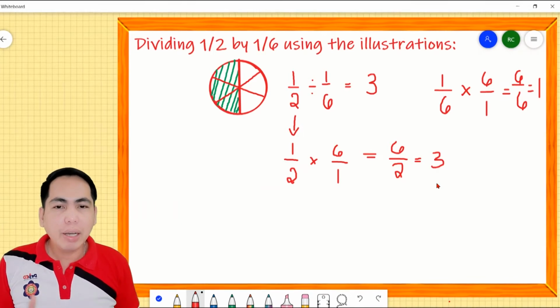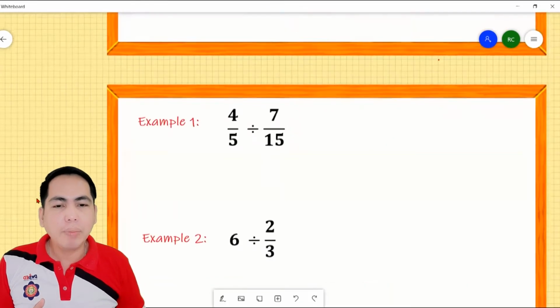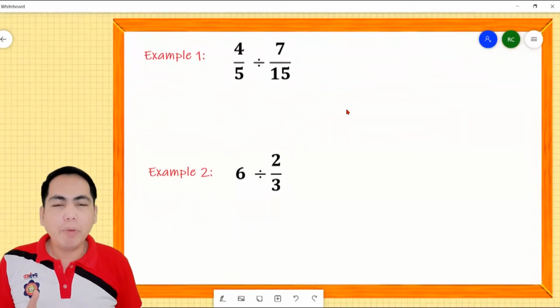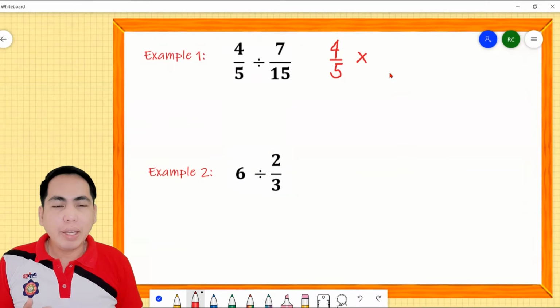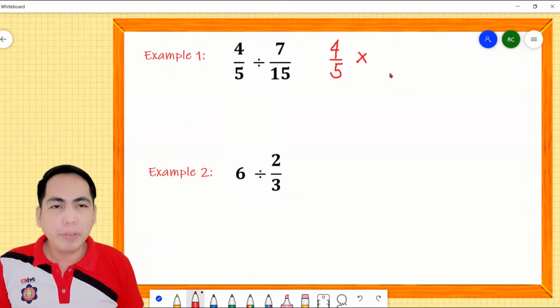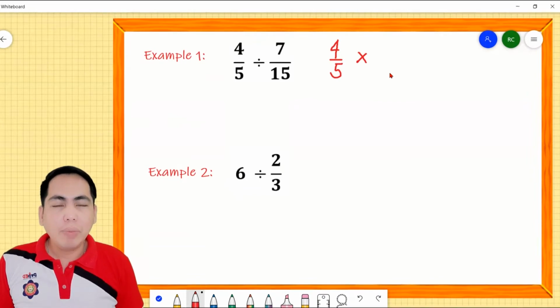Now, let us have another example. Example number 1. We have to divide 4/5 divided by 7 over 15. Based on our discussions earlier, we can change our operation from division into multiplication and then get the reciprocal of 7 over 15. The reciprocal of 7 over 15 is 15 over 7, because 7 over 15 times 15 over 7 will give us 1.